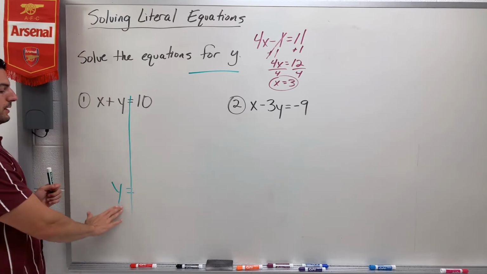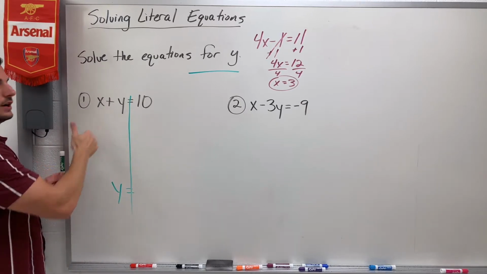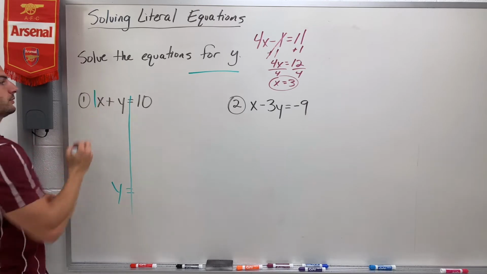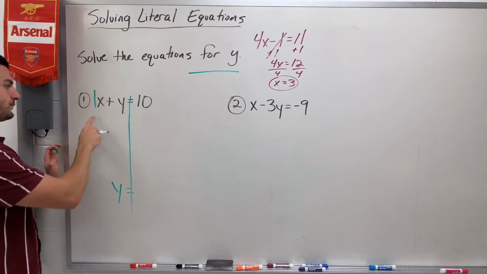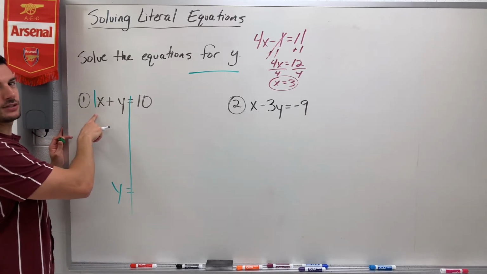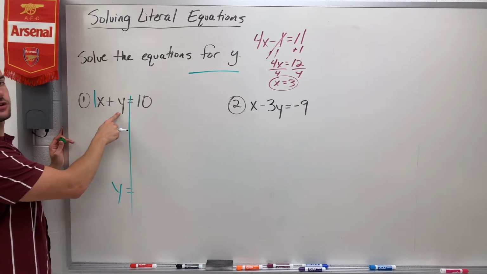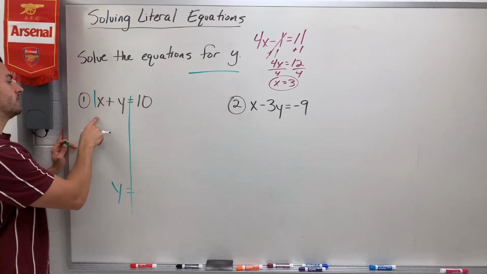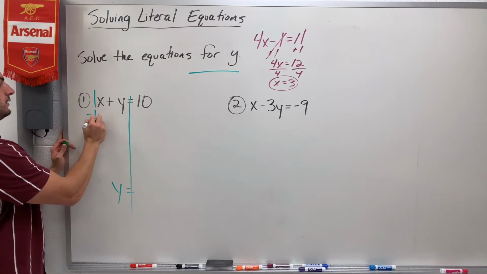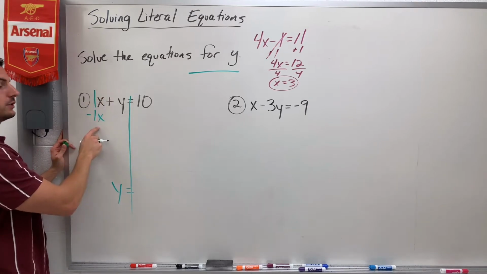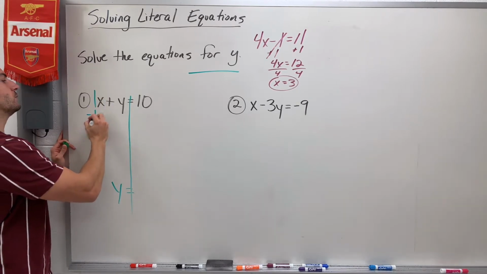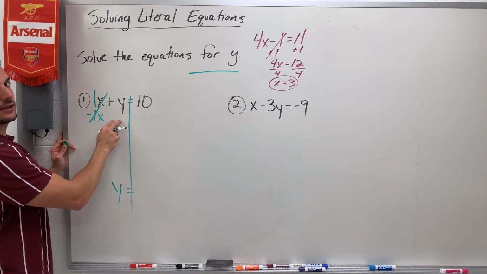So if I want this y by itself, I have to cancel out this positive 1x. It doesn't usually write the 1, but we know that's 1x. If that's positive 1x being added to the y, how can I cancel that? I have to cancel that by subtracting, because 1x minus 1x would be 0x, and that would successfully cancel it from this side, okay?